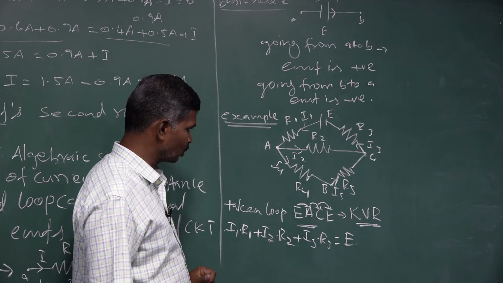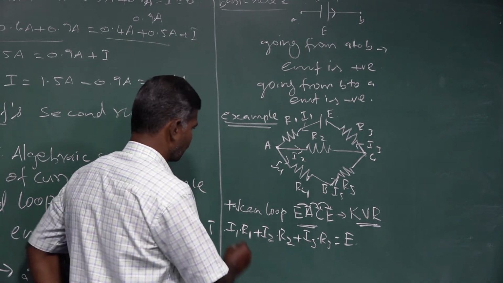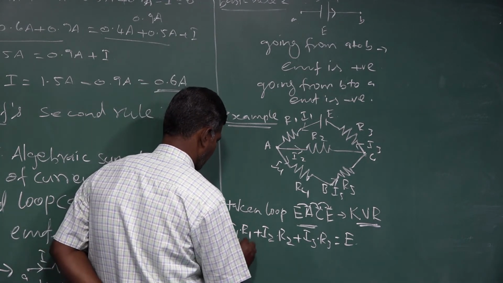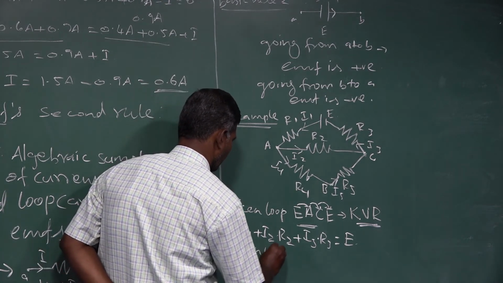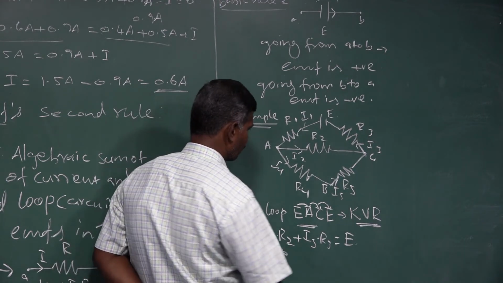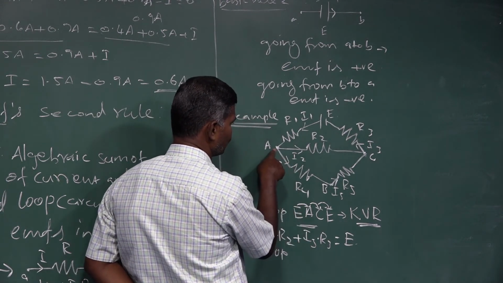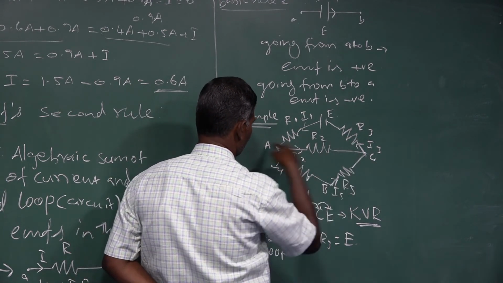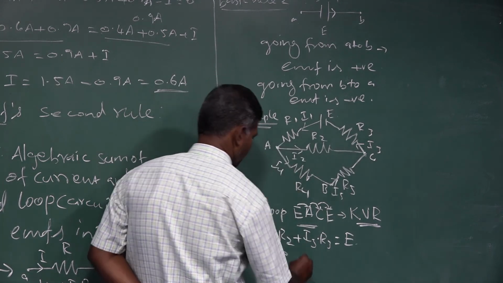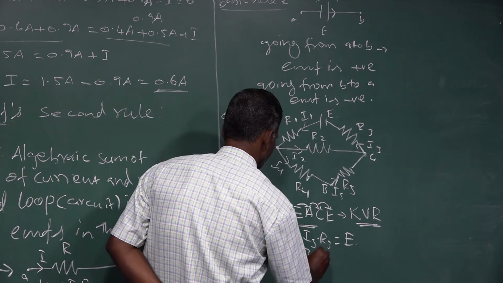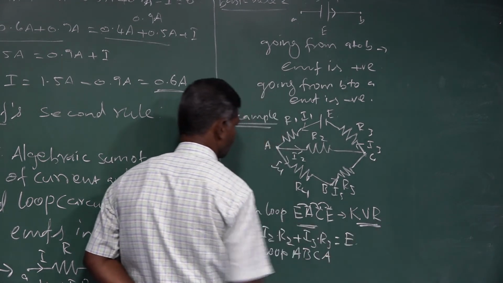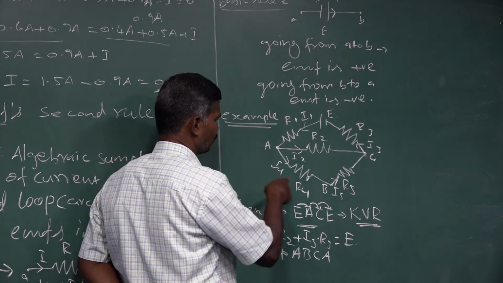For the next equation, we can also represent another loop. We are starting from A, B, C, and once again coming back to A. So what are the resistors and current flows we have?